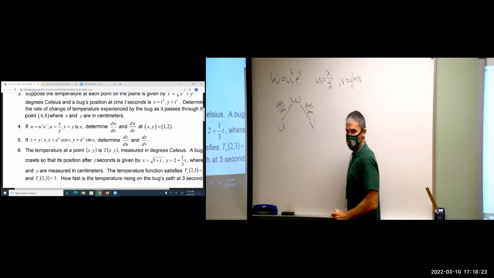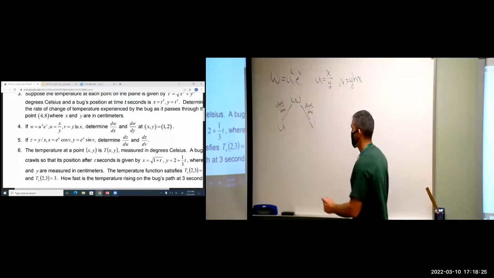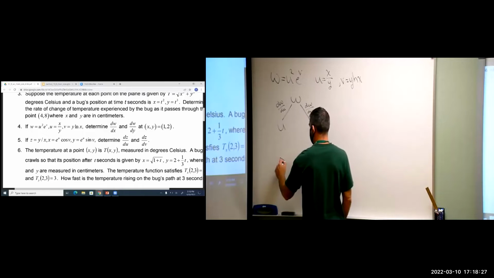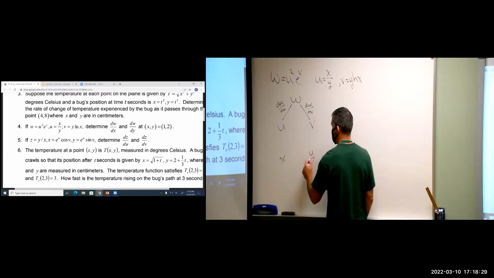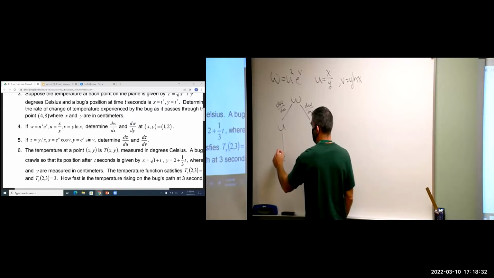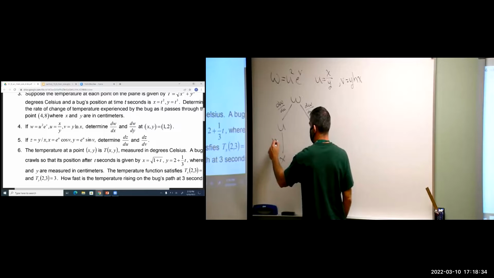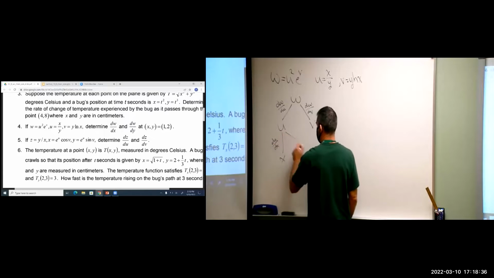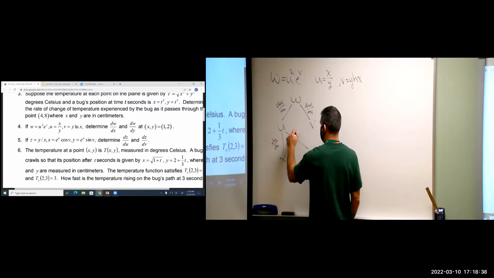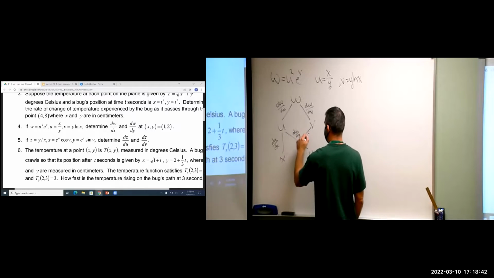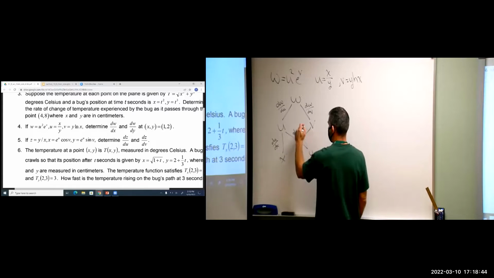Okay. Now u and v are functions of x and y. So I'll have also a du/dx. I'll have a du/dy. I'll have a dv/dy. This is going to be a little bit messy.